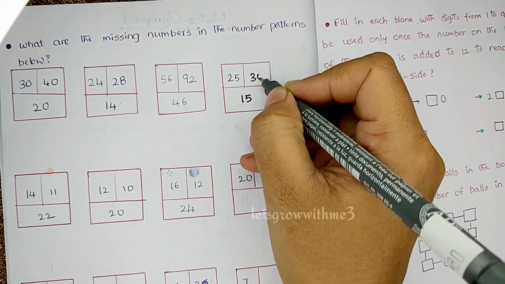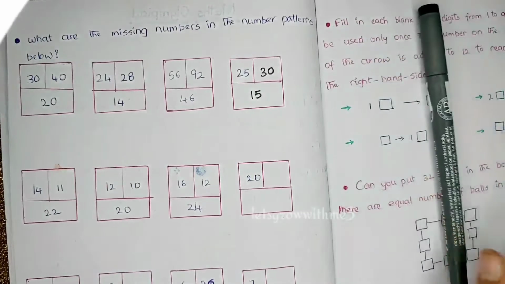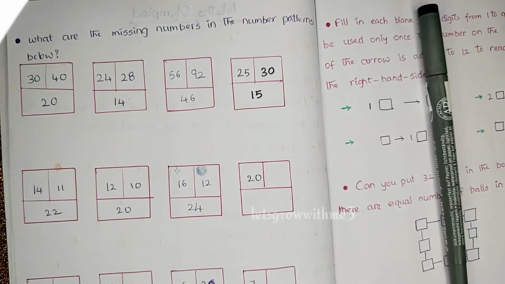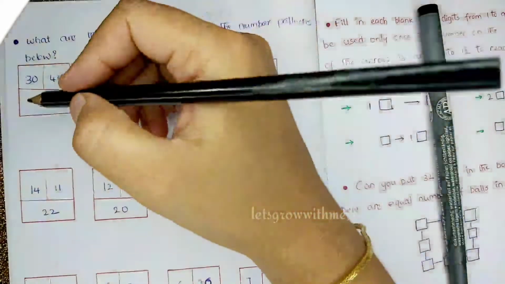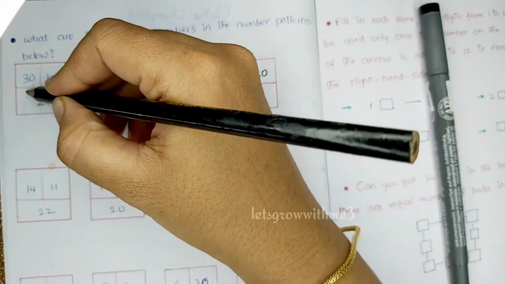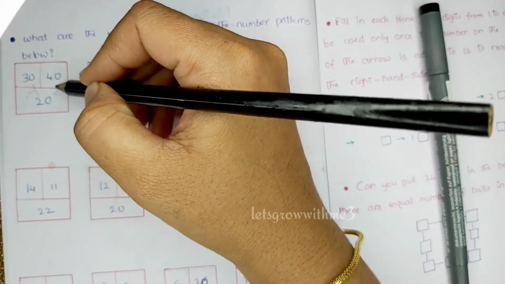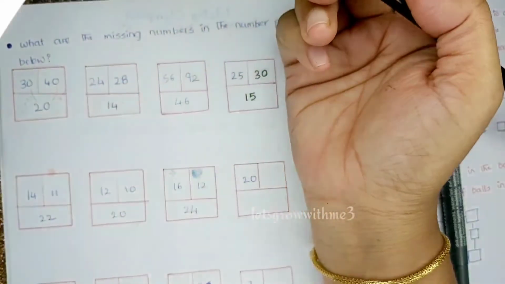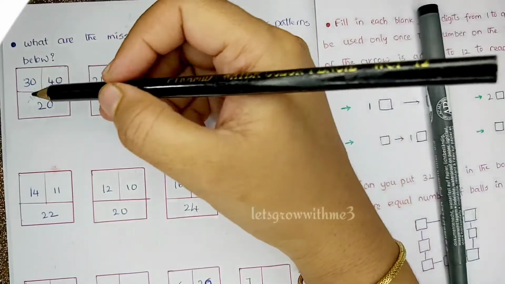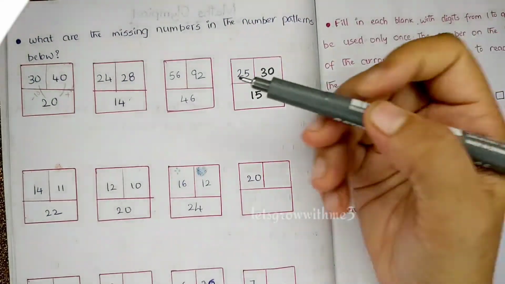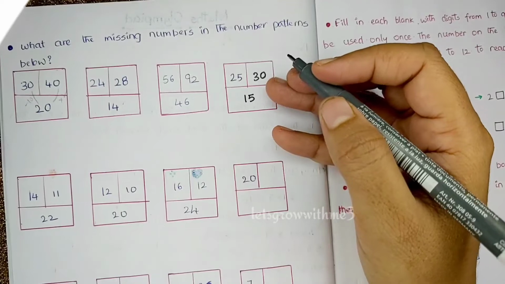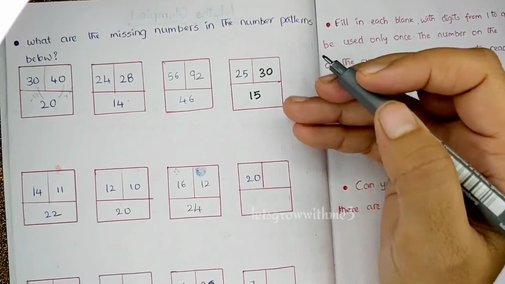So 15 times 2, which is 30. That's how you need to write down your next box values. Whatever we estimated first, we need to take confirmation from all the existing values, and then write down the new value. So on one side it's plus 10 and on the other side it is times 2.